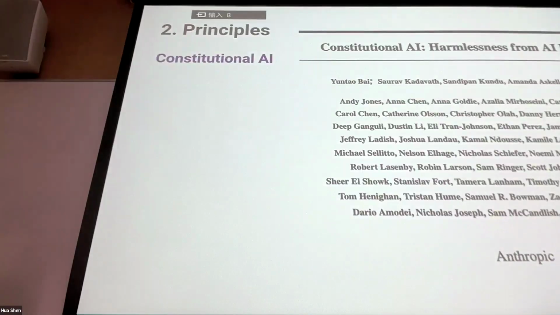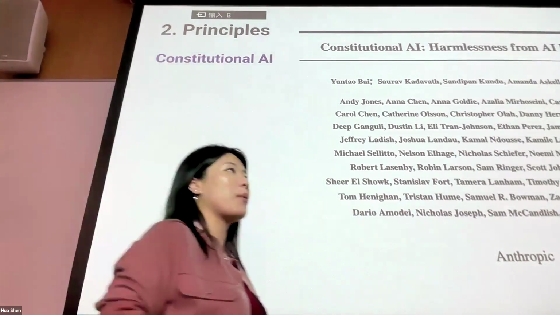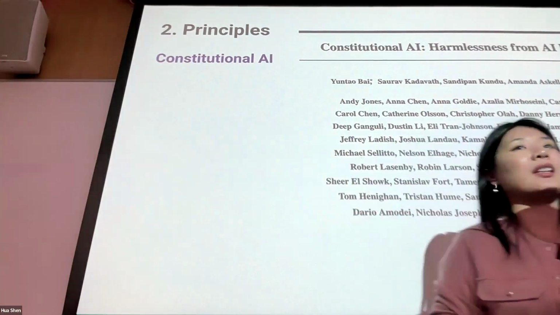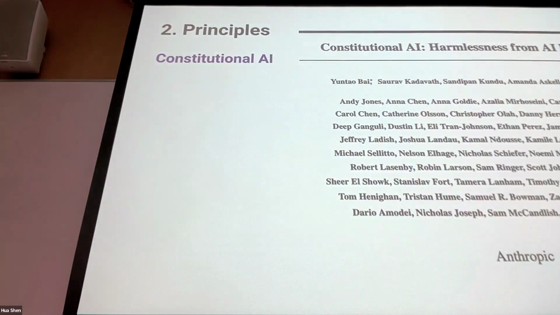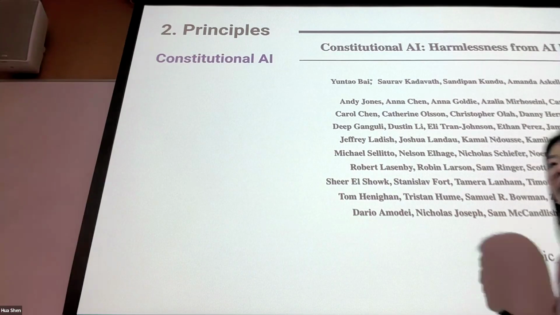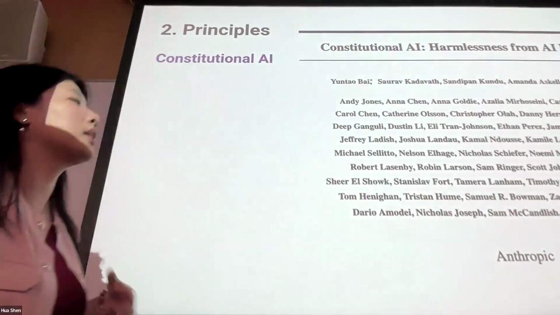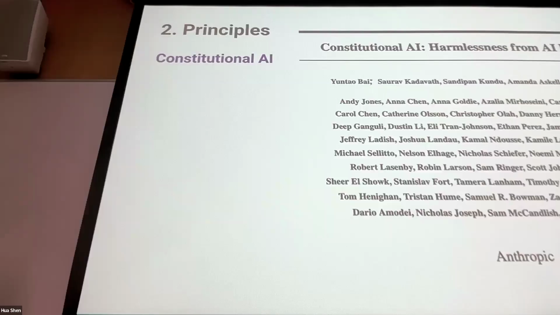The other one is about principles, and a principle is a very amazing one, and from my perspective, a very human-friendly one, where one typical paper for this principle is named Constitutional AI. This is kind of an old paper published in 2022, but I think this is a very important paper in the research community. That's why I want to highlight this paper again.